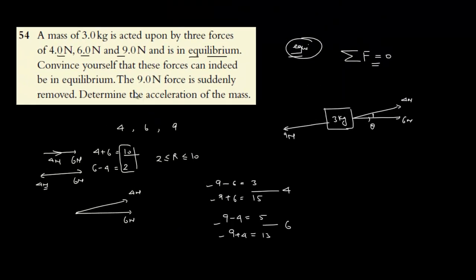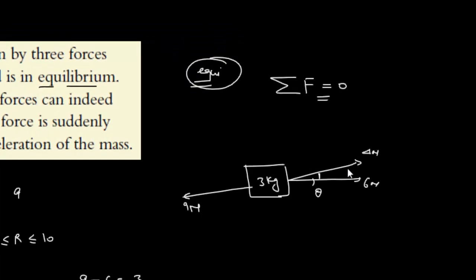But as per the question, he is saying that we have to remove this 9 Newton force. So we will consider this case in which 4 and 6 are balancing this 9 Newton force. So here the resultant of 4 and 6 is equal and opposite to the 9 Newton force.